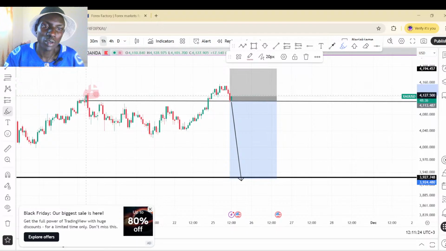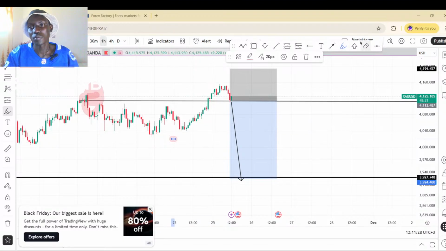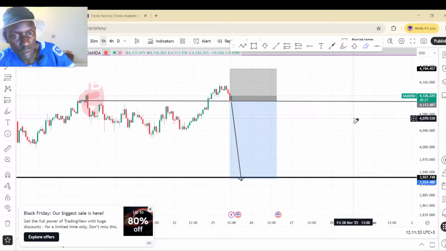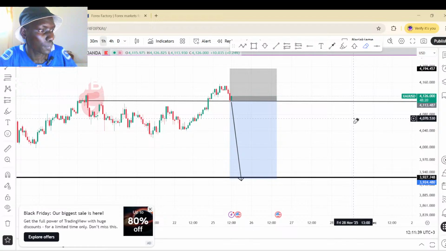So here is what I was saying. I don't expect it to break above that. So let's wait and see how that plays out. In case it goes against us, then I'll tell you guys to close the trade. But I'm not expecting that to happen.